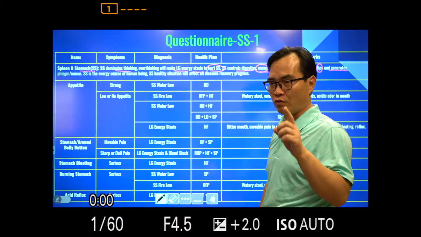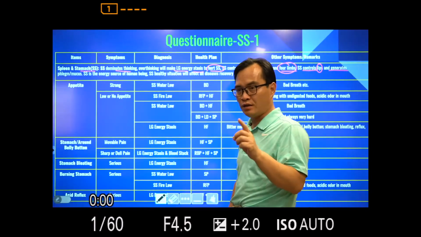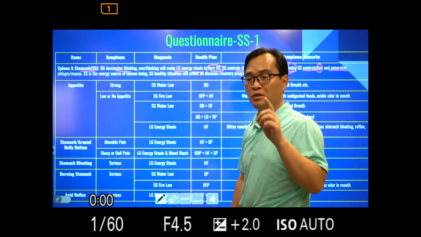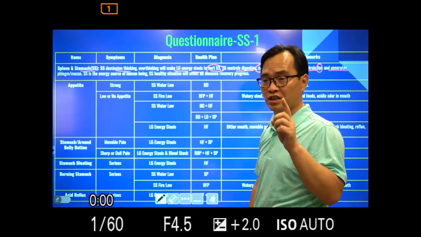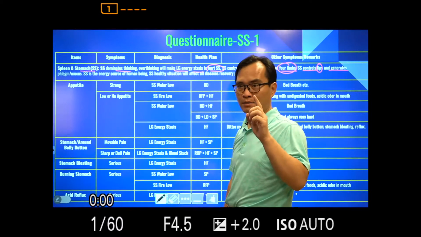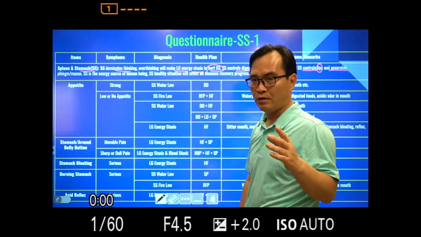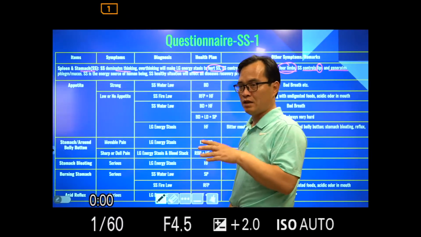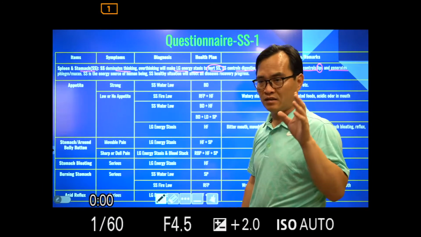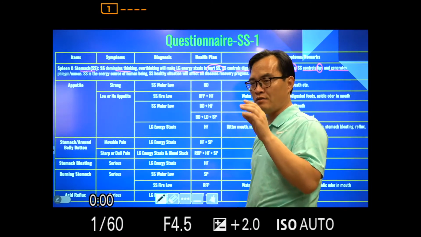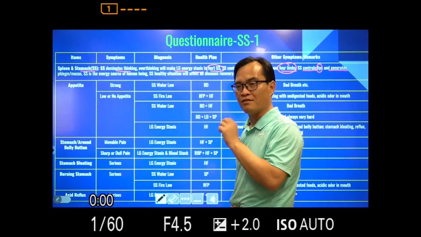So when you're dealing with phlegm problems, you need to consider the function of the SS system. Sometimes, even though you are using a phlegm pill to remove the phlegm, you also need to make the SS system strong, and that will help for faster recovery.